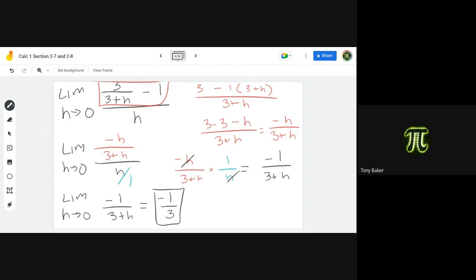All right. So what does that tell me? That tells me that at point (3, -1), my slope is -1/3.